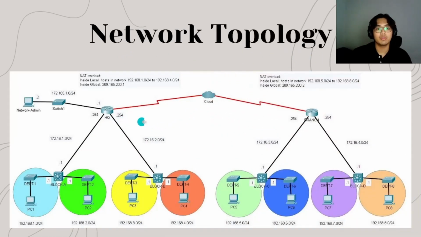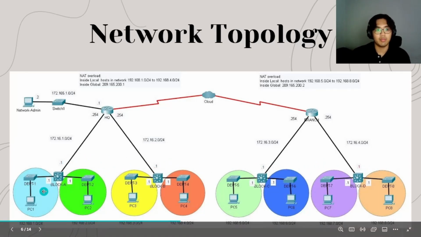We are using 2 routers and 4 multi-layer switches, and here is our HQ router, and here is our branch router. For each block we are using multi-layer switches, and each block has 2 departments.